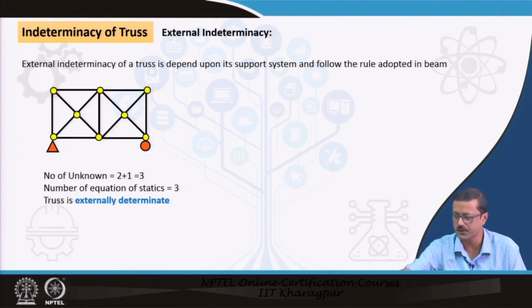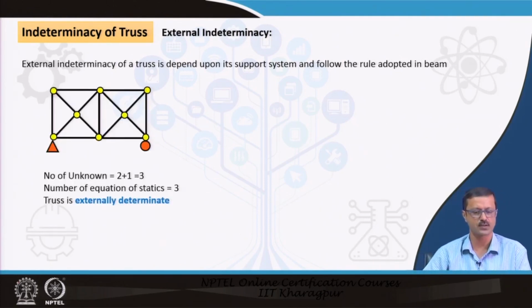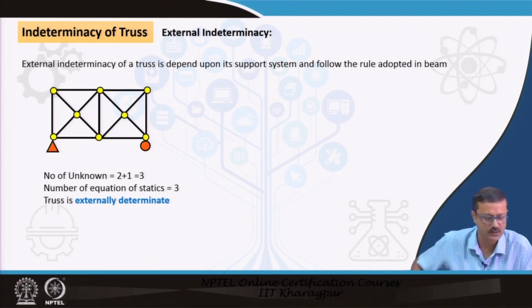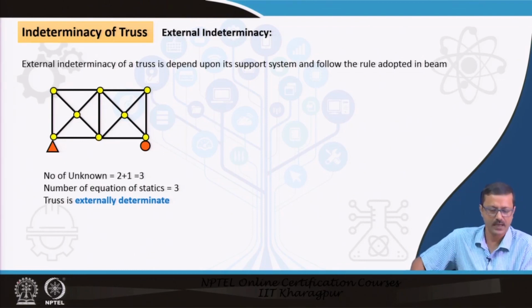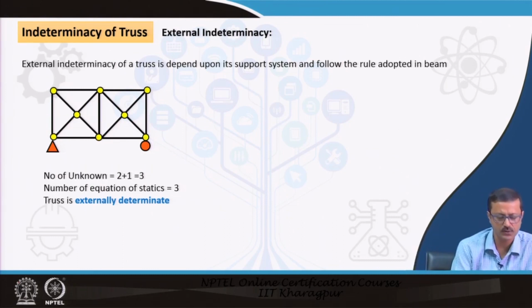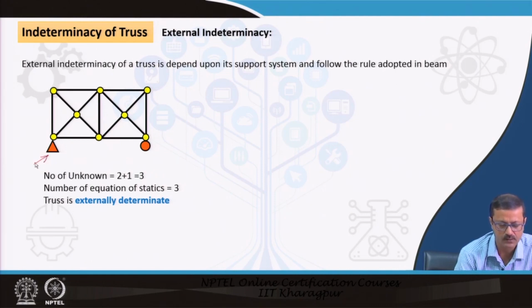Suppose this is a particular truss. I have shown a truss with so many members and so many joints. Joints are the yellow dots and members are the black straight lines, and I have rested that truss on one simple hinge support and one roller support.